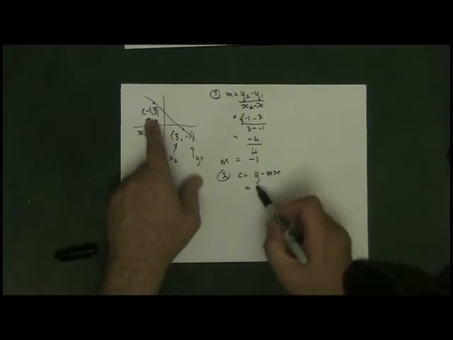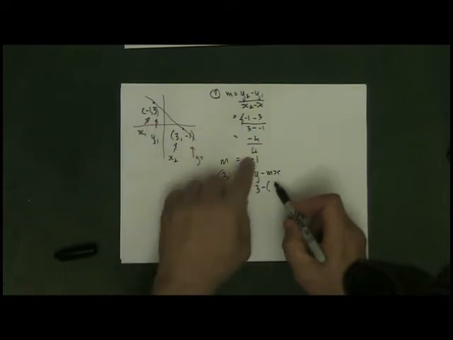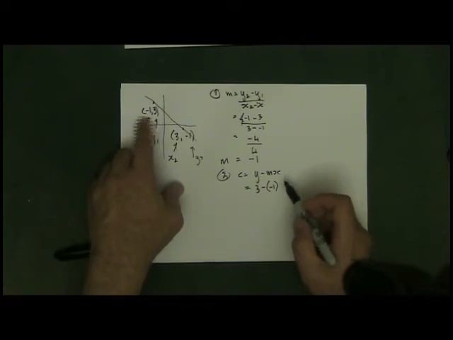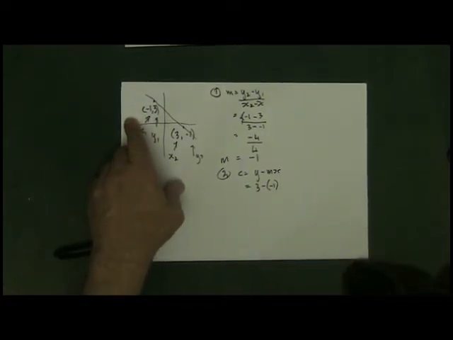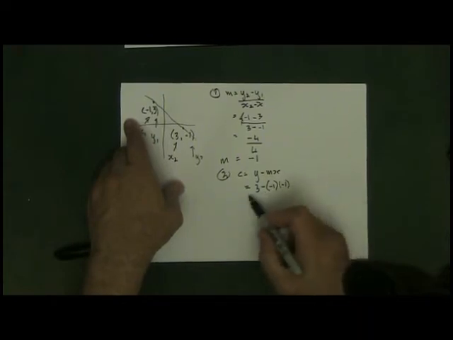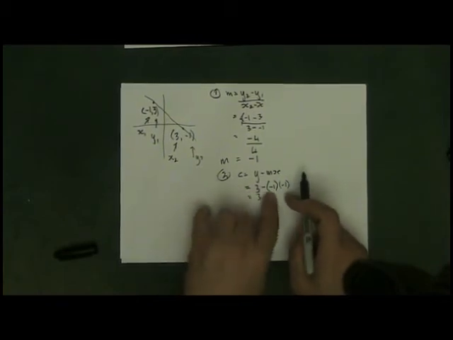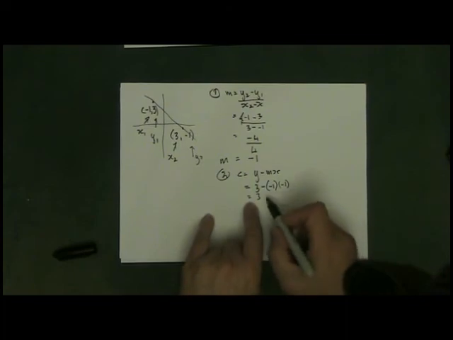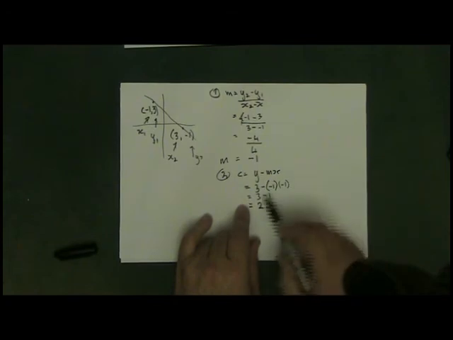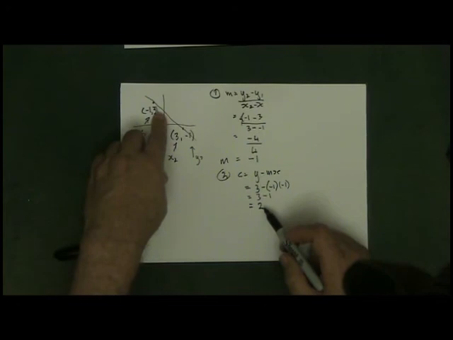So we're going to go y is equal to 3 minus m, which we said is minus 1, times the value of x over there, which is also minus 1. So now we have 3 minus 1 times minus 1, which is plus 1, minus 1 equals 2. Lots of negatives in there, I know, can get a little confusing. But if you look at this, 2 seems reasonable.